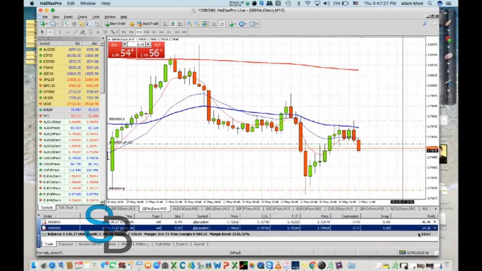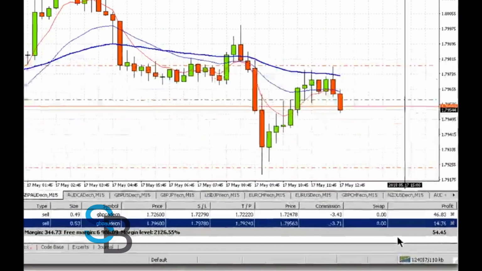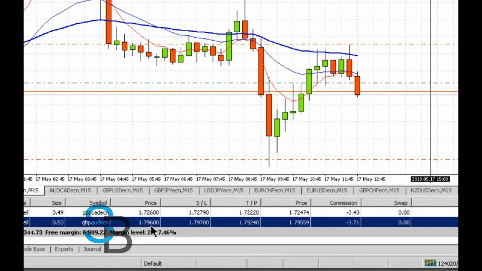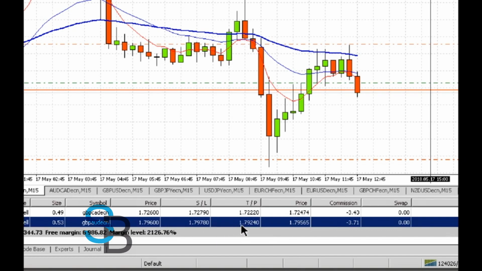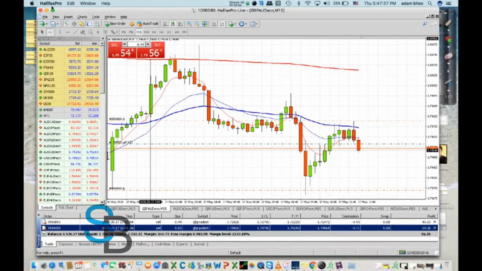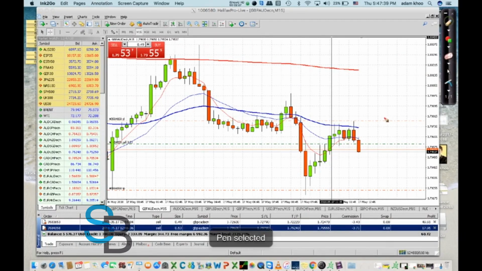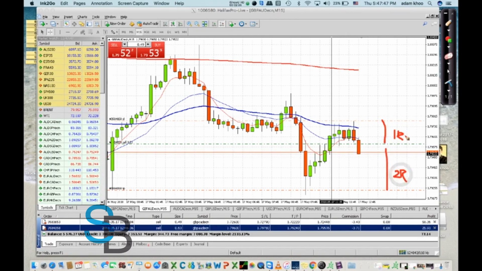The price is going down. And I got triggered at 1.7960. My stop loss is at 1.7978. Profit target 1.7924. So again, this is my risk, 1R, and that's my target of 2R. So I'm risking about 18 pips to make 36 pips. There we go.